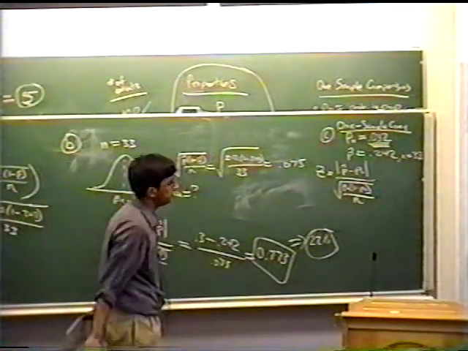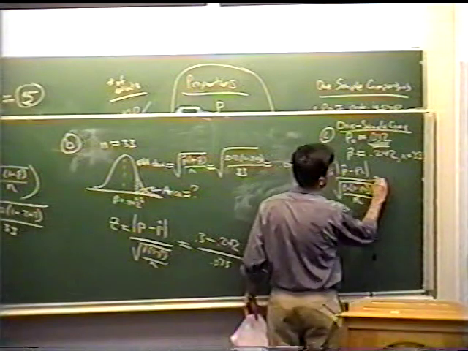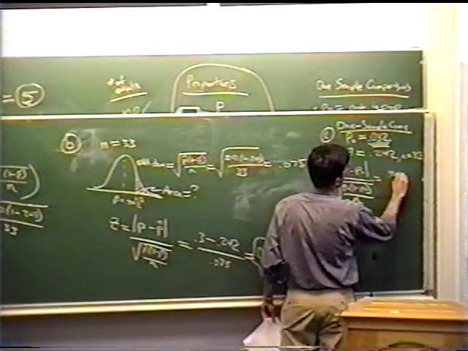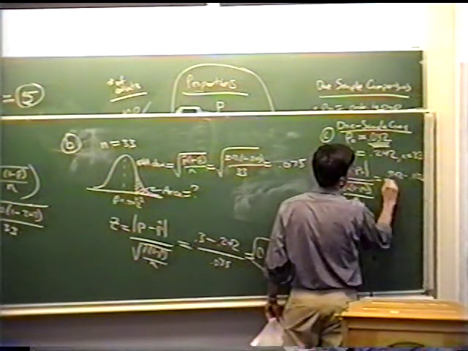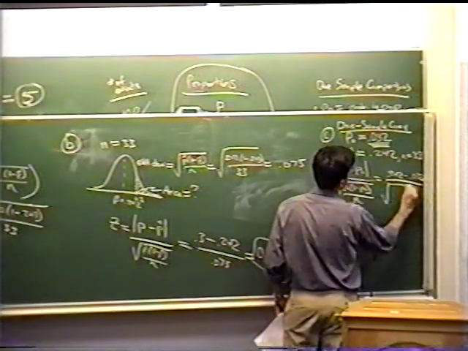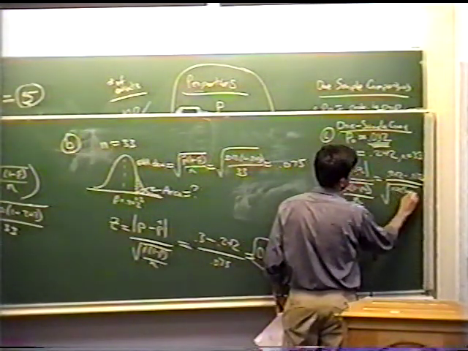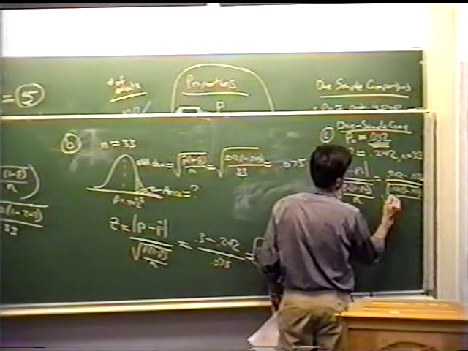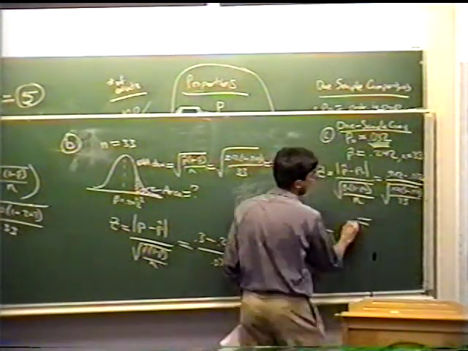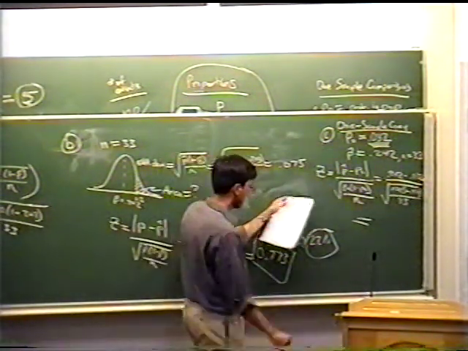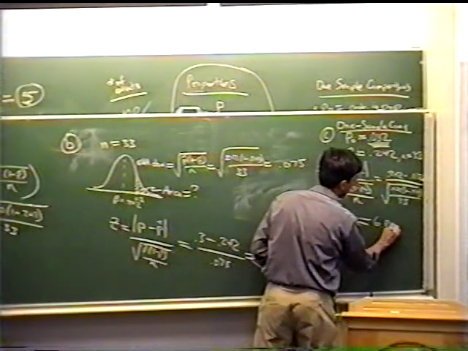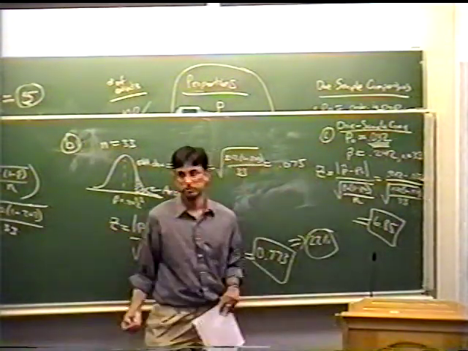Okay. And so when you do that, it's 0.242 minus 0.032 over the square root of 0.032 times 1 minus 0.032 over 33. And when you calculate that out, that gives you 6.85. That's your z-score.